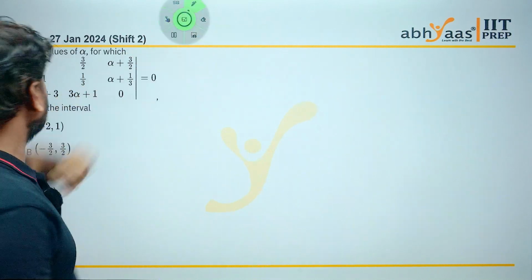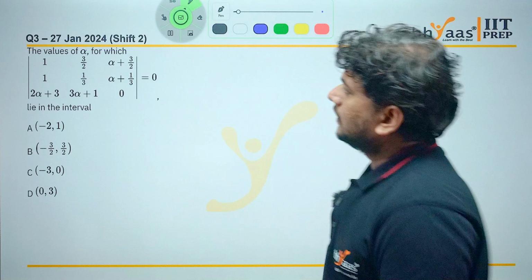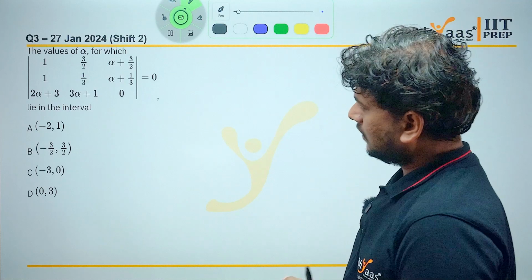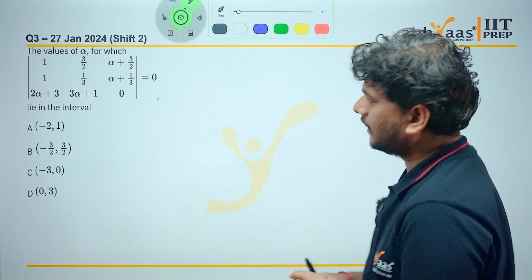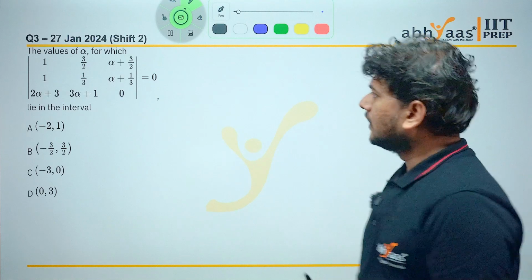Next question. The values of alpha for which the determinant equals 0 lie in the interval. So we have to open the determinant.